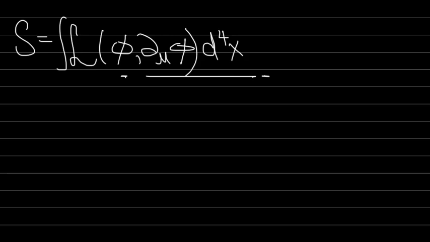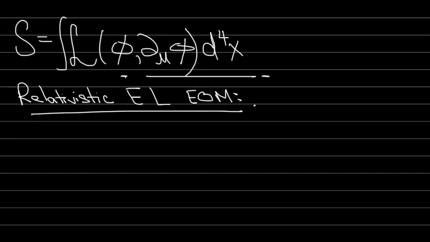But if you impose some boundary conditions and you solve by taking the extremum value of this action, you arrive at the relativistic equation of motion, or the relativistic Euler-Lagrange equation of motion, right? Let me just write it down over here: relativistic Euler-Lagrange equation of motion. Yeah, I am pretty lazy, right?